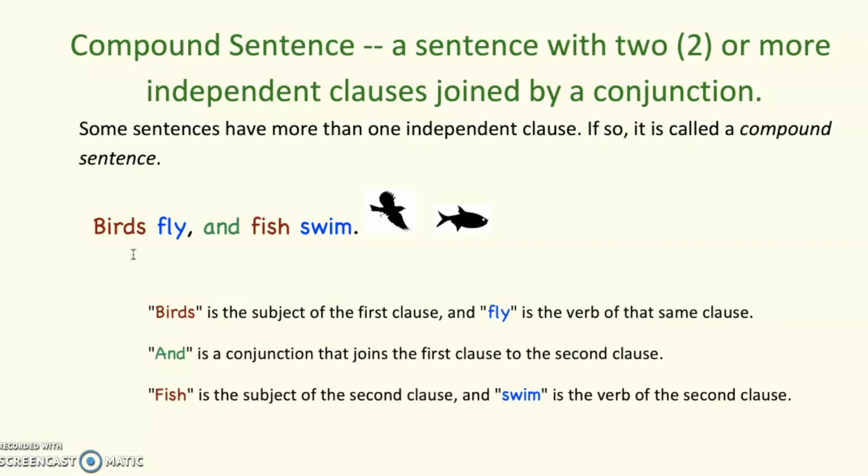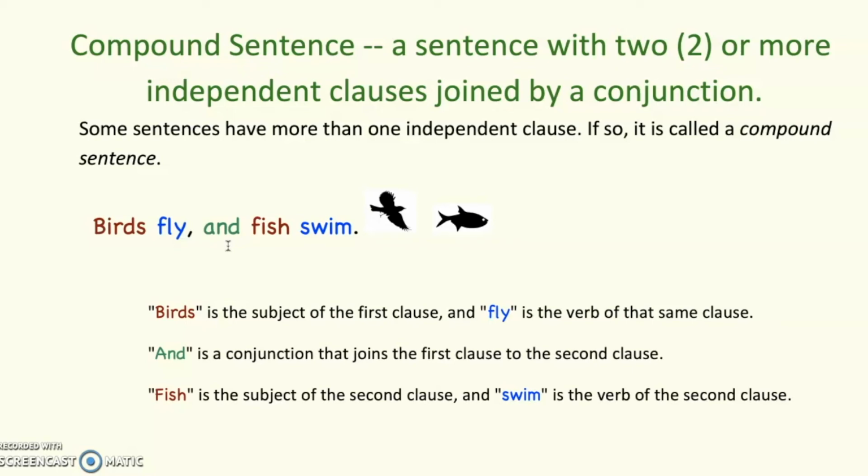For example, birds fly and fish swim. Here we have one clause. This is one independent clause. But we're going to connect it to another one. Here's another one. With the two being connected by a conjunction, we call it one sentence.